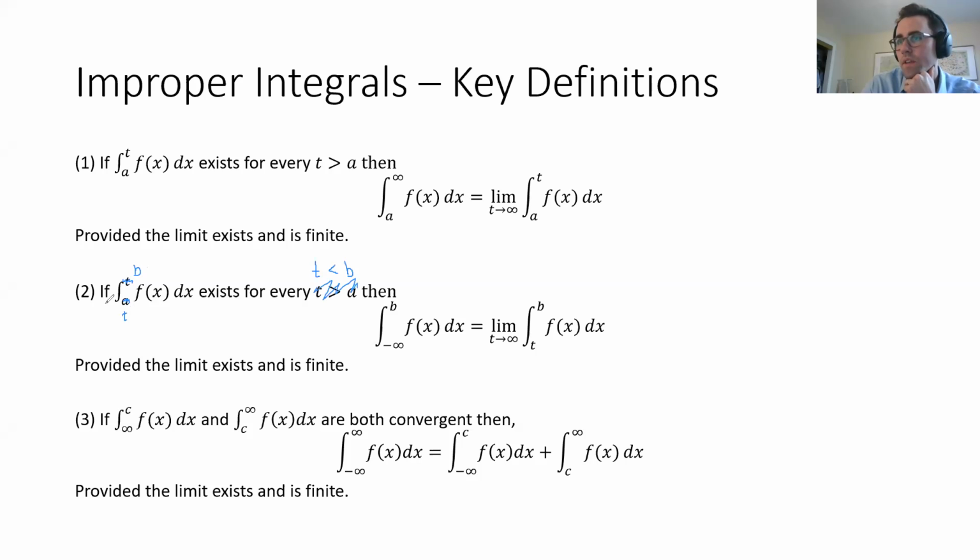Let's read through that together. If, I change my color, here we go. So if the integral from t to b of f of x dx exists for every t less than b, then we can rewrite the integral from negative infinity to b of f of x dx as the limit as t approaches negative infinity of the integral from t to b of f of x dx, provided the limit exists and is finite.